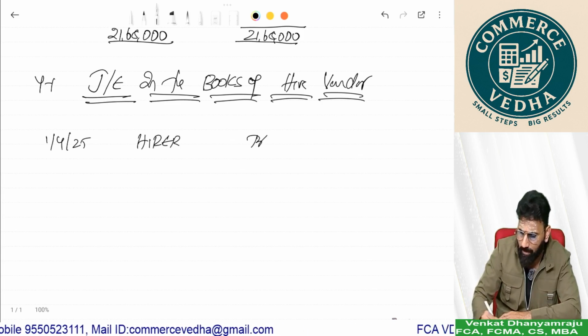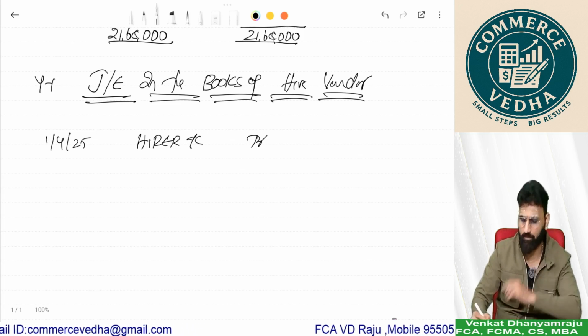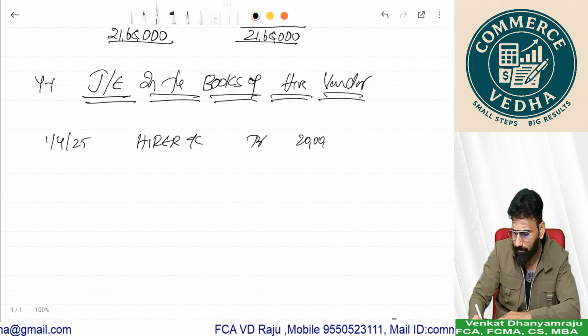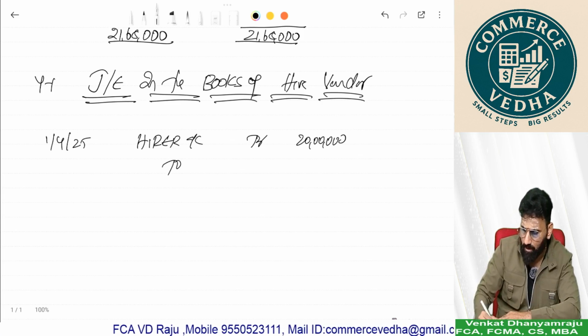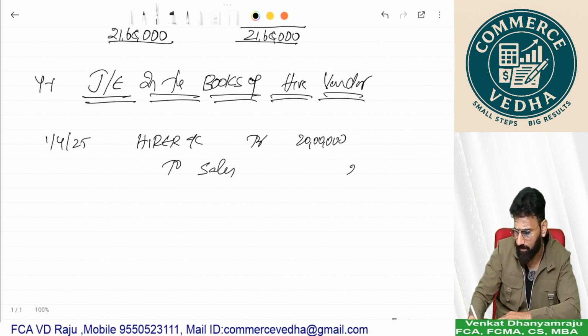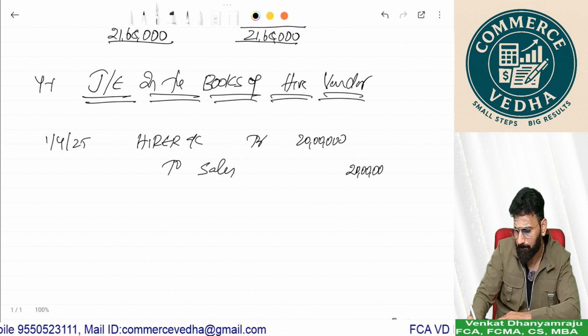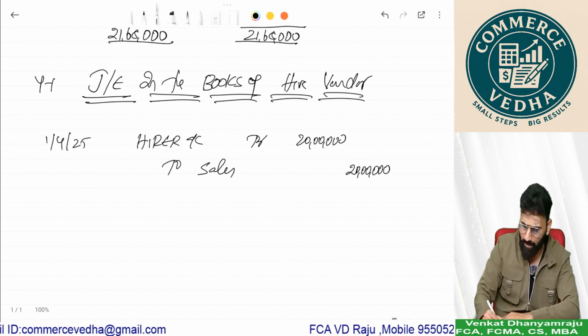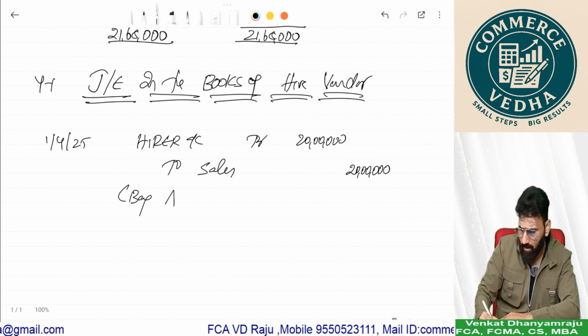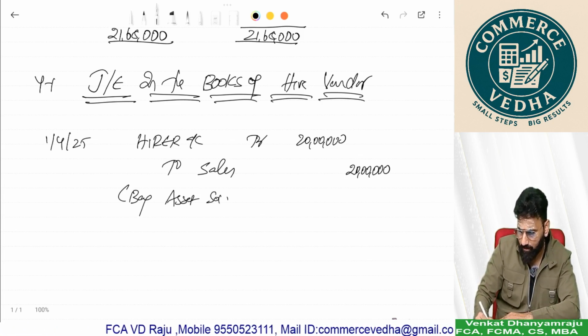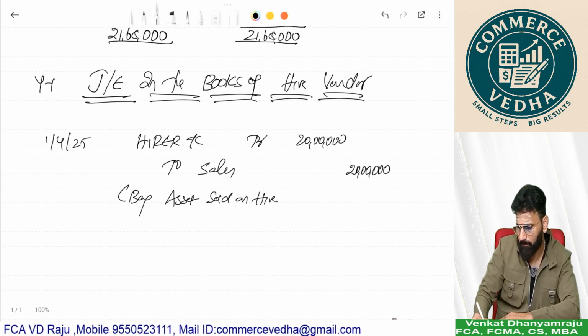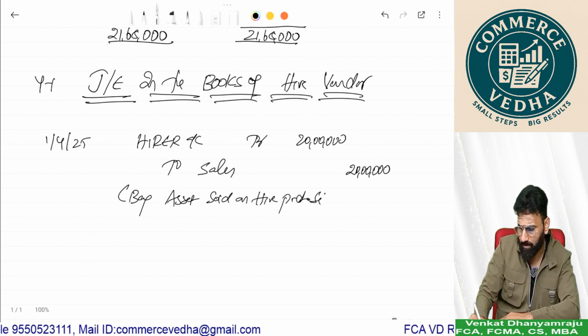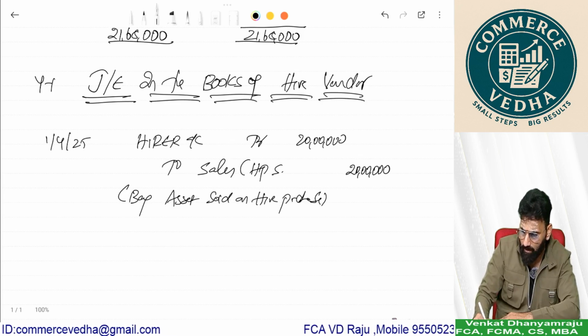Hirer debit, debit the receivable, 20 lakhs to sales. For him it is sales. 20 lakhs being assets sold on hire purchase. I can write hire purchase sale.